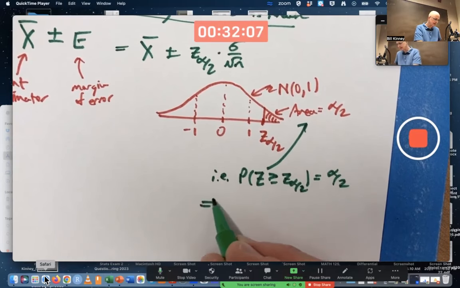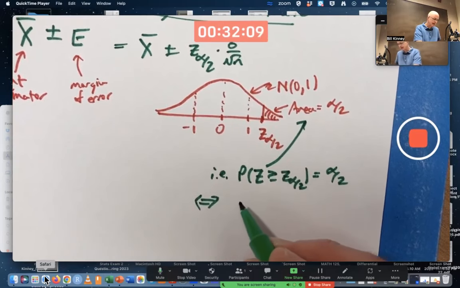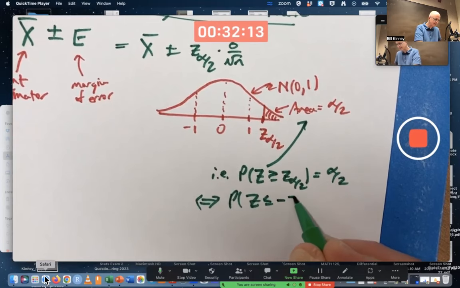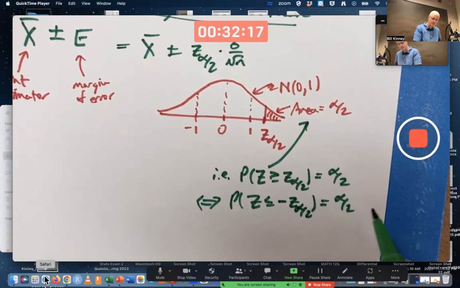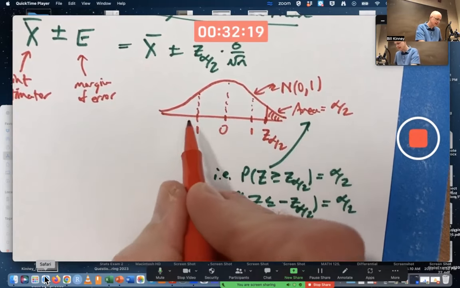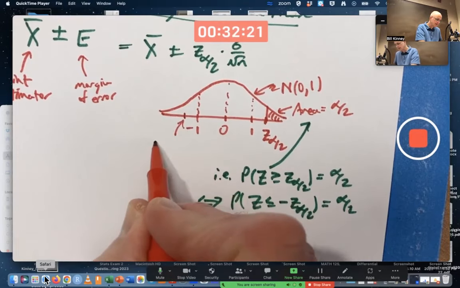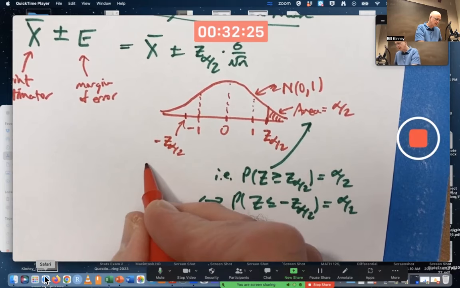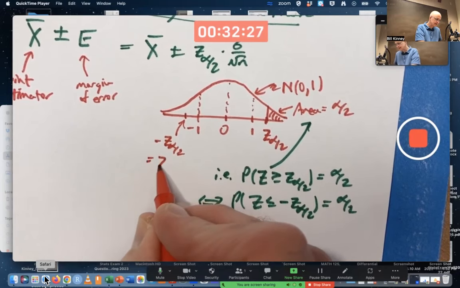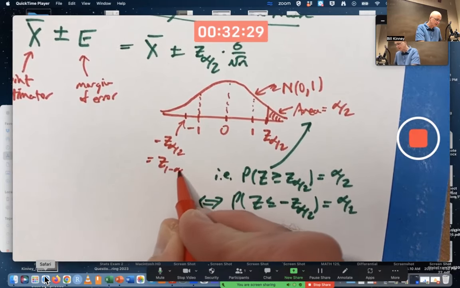That is equivalent to saying the probability that capital Z is less than or equal to negative z sub alpha over 2 is also alpha over 2. Negative z sub alpha over 2 would be over here. Notationally, you could also write that as z sub 1 minus alpha over 2.